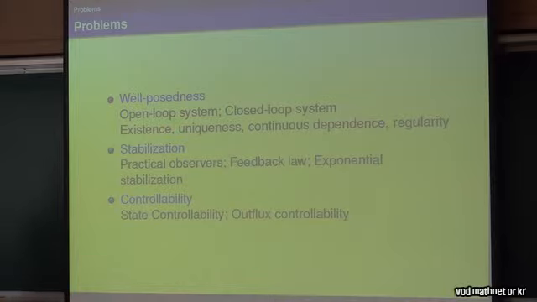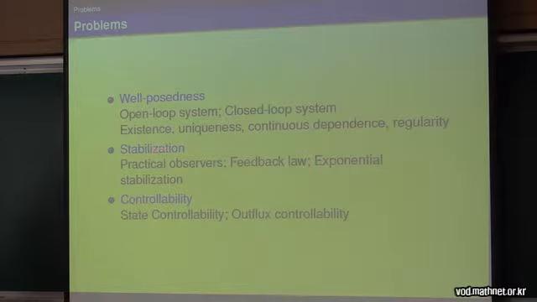If you choose the control which depends on a part of the solution of the system, then we call it a closed loop system. The dependence of the control with respect to your observers is always named the feedback law. The designing of the feedback law is the main goal of your control designing.